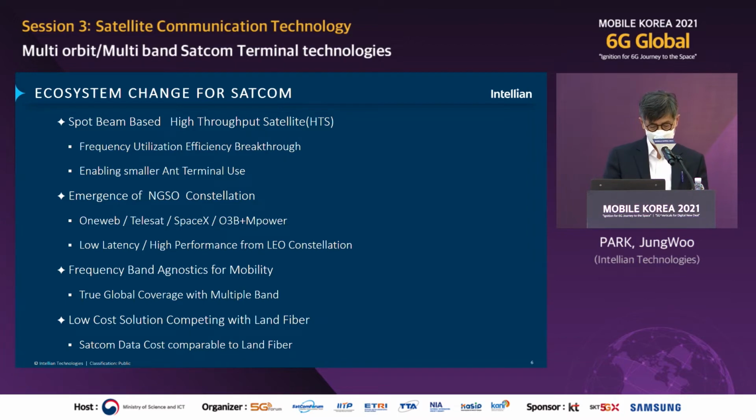Next, the emergence of NGSO constellation, extending satellite business into every corner of the globe, including polar regions. Another big change is the extension of Satcom service into ocean and air at a truly global level, which inevitably uses multiple frequency bands from L band, C band, and Ku band, Ka band for optimum service area.